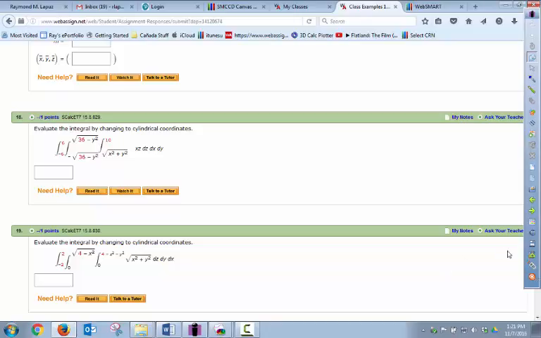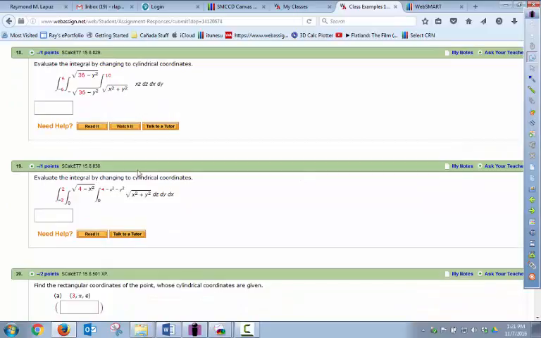So let's do either 18 or 19. Any preference between these two? It's smaller, huh? Does it look smaller? Yeah. All right, just pick a number, 18 or 19. 19.